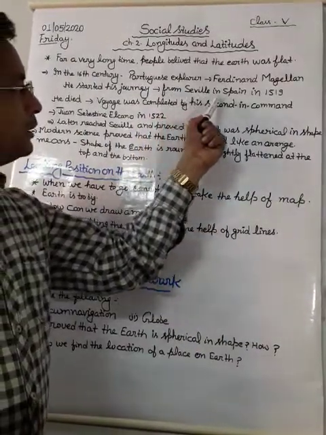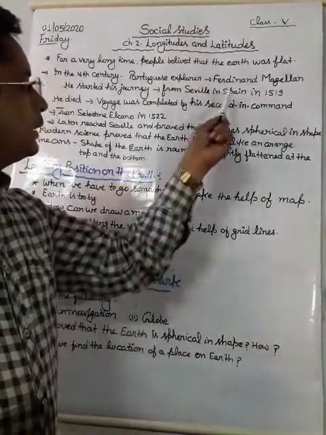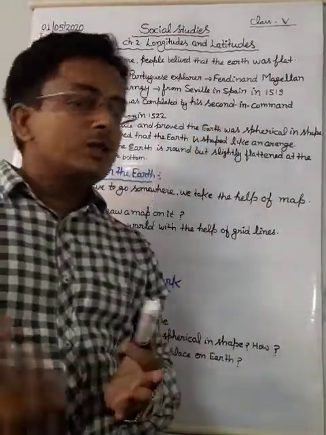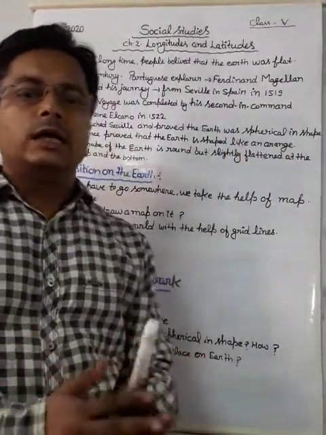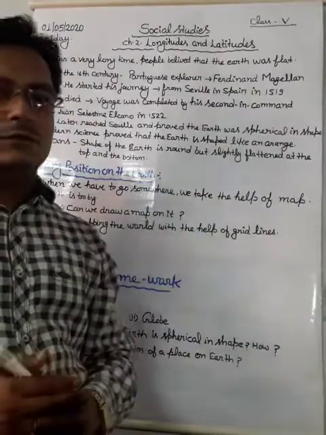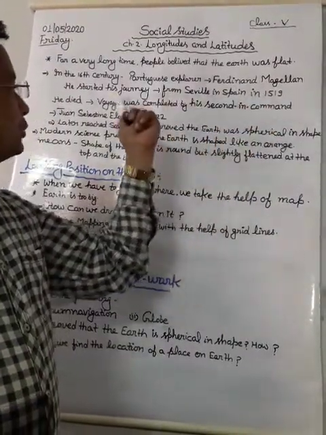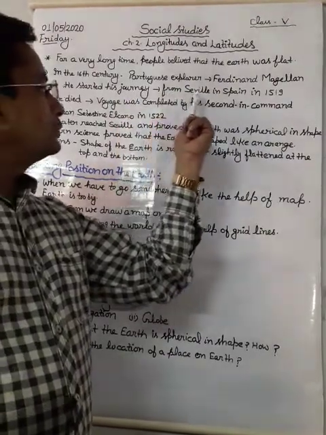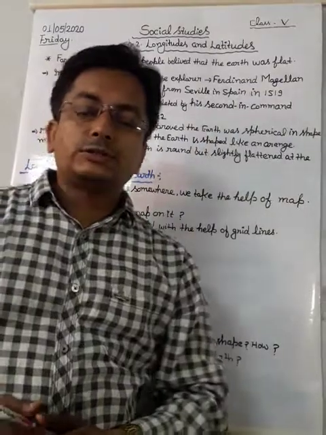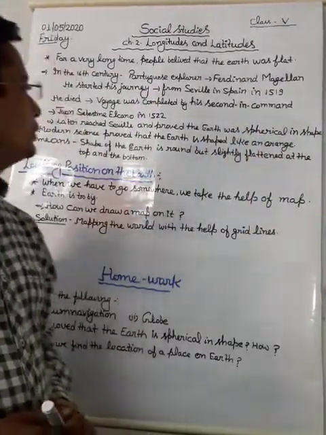From Seville in Spain. In which year? In 1519. Yes, students. That was the year when Ferdinand Magellan, an explorer, started his journey from Seville in Spain in 1519.